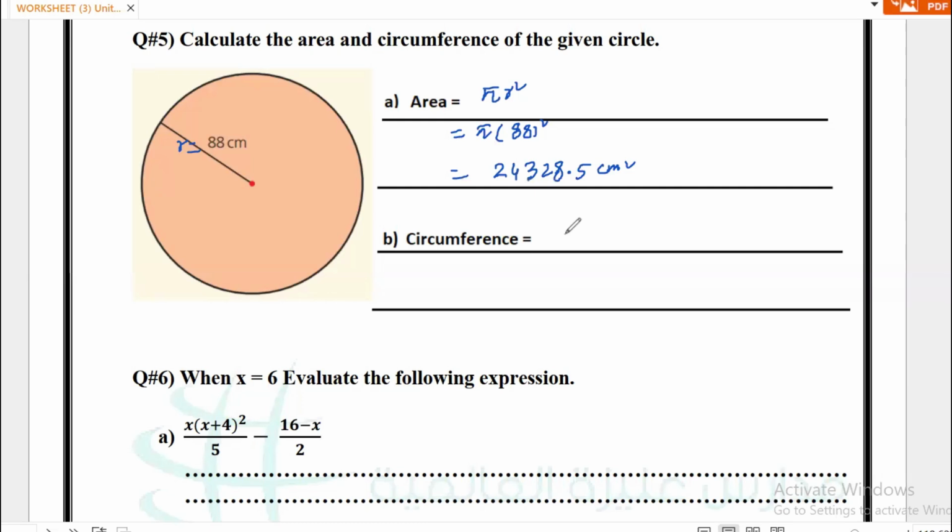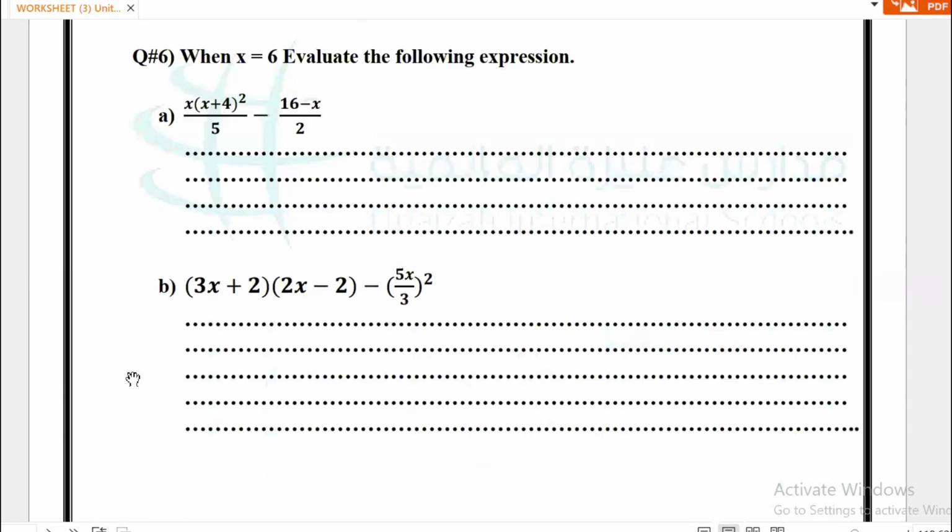And circumference, as we know the radius, so 2 pi r means 2 pi r is 88. So 2 times 88 is 176, 176 pi, which is equal 552.9 centimeter.